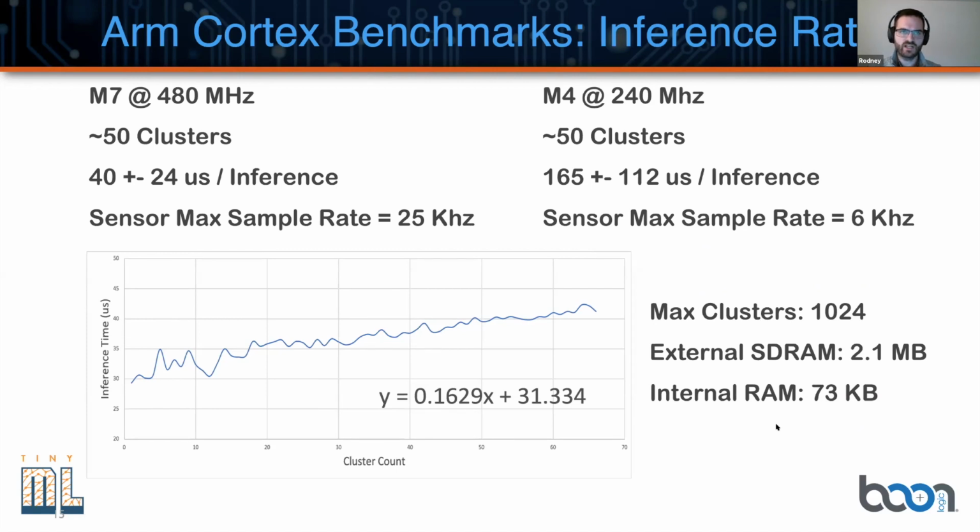So if we're still learning clusters, that's included in there. And that's why we have this wider standard deviation in that inference time. So this essentially means that we can handle a maximum sample rate up to 25 kilohertz, which is pretty impressive.